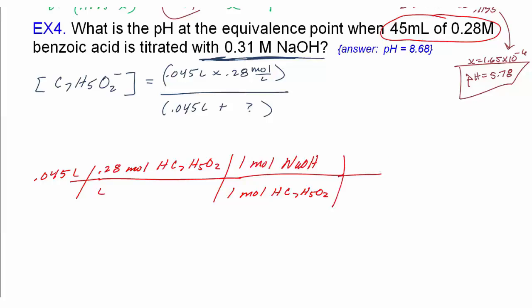And every 0.31 moles of NaOH, I have a liter of solution. So 0.045 times 0.28 divided by 0.31, about 0.0406 liters.